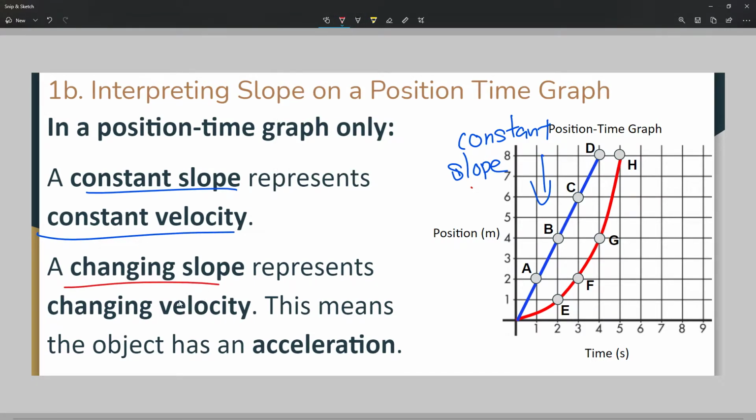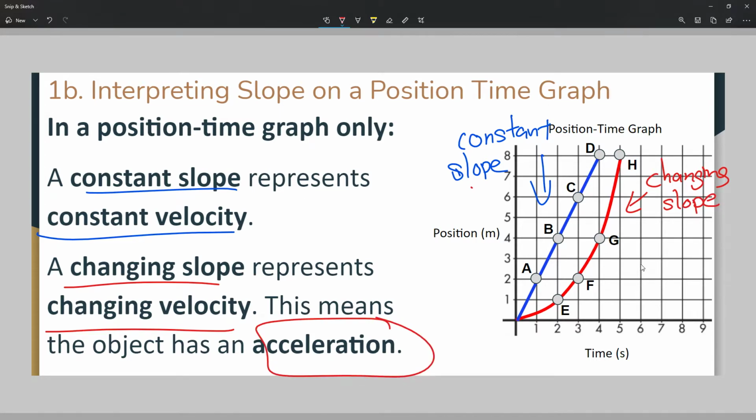And a changing slope represents a change in velocity. So a changing slope, changing velocity. So this means you have acceleration. You are accelerating. Your velocity is changing. All right.